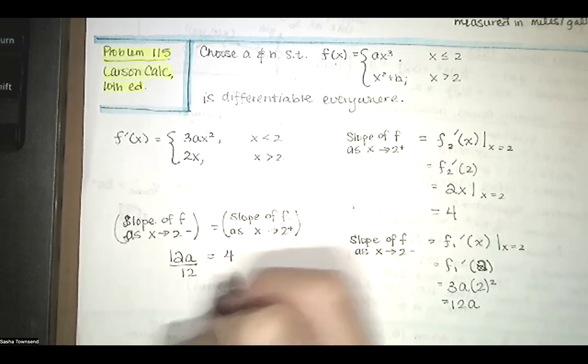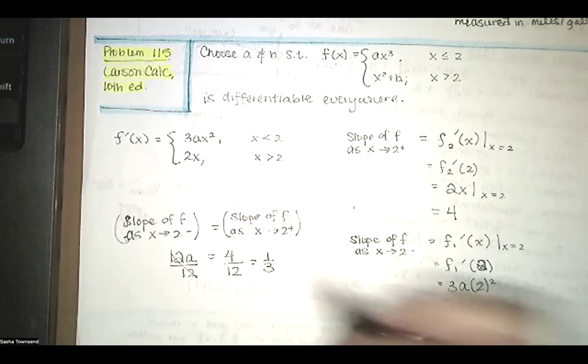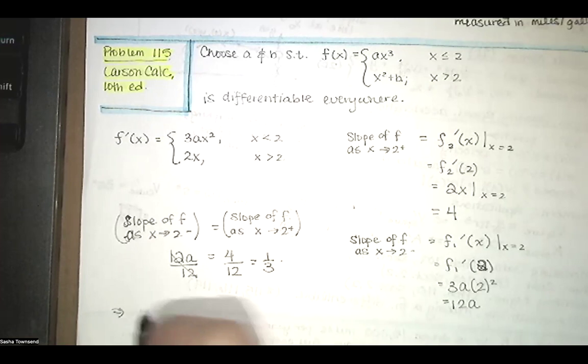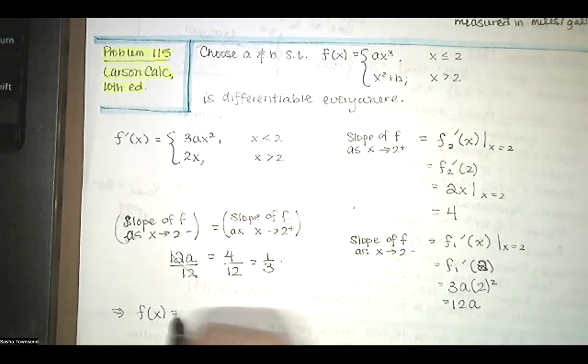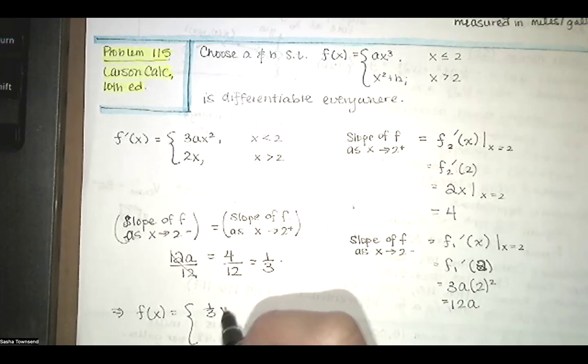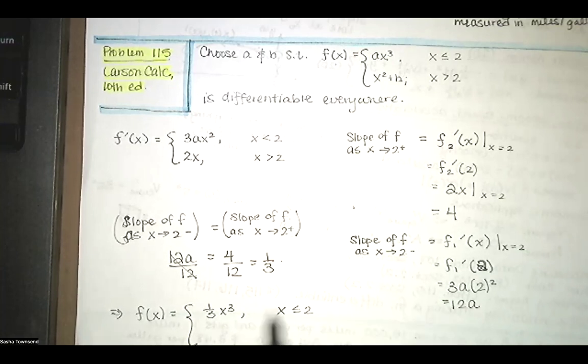And then we divide by 12. And we get a equals 1/3. So that tells us that our function should be ax cubed, where a equals 1/3, on the interval from negative infinity to 2, so this is for all x less than or equal to 2. And then on the other side, we get x squared plus b.